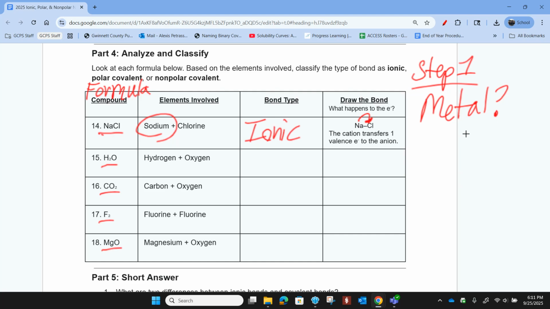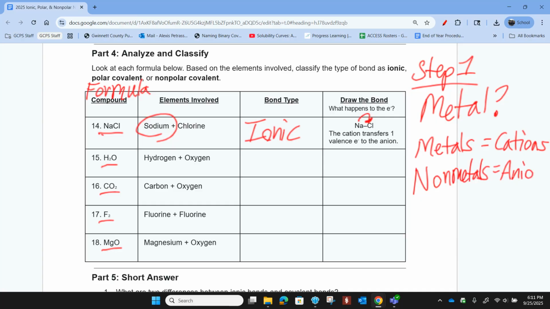Sodium's giving away the electron to chlorine, and I put the cation transfers one valence electron to the anion because metals are cations. Just throw back to unit 1. Nonmetals are anions.